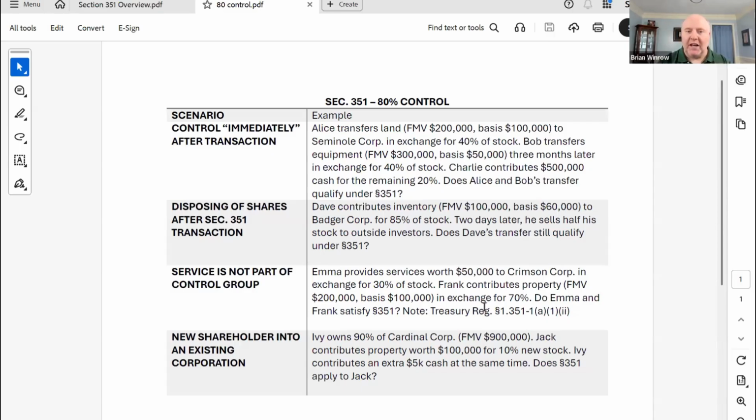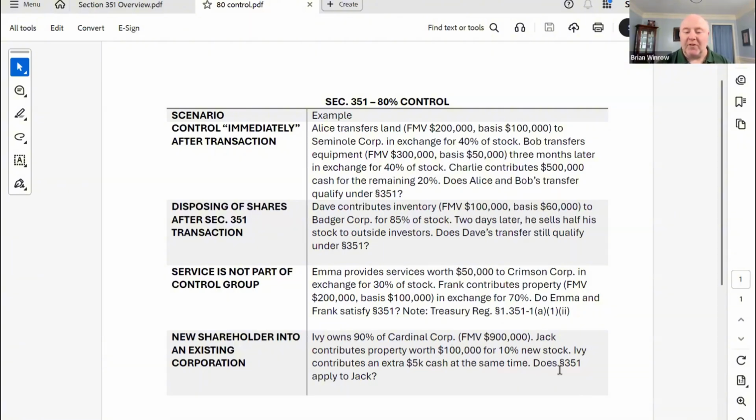Now, when we say a contribution that satisfies the requirements, it's the same thing as with services. For Ivy to be part of this control group, Ivy needed to put in at least 10% of her existing value. So if she currently has $900,000, then she needs to put in $9,000. Okay, that's 10% of her existing contribution. If she had put in 9,000 instead of 5,000, then we would have said, "Oh, okay, that's fine.